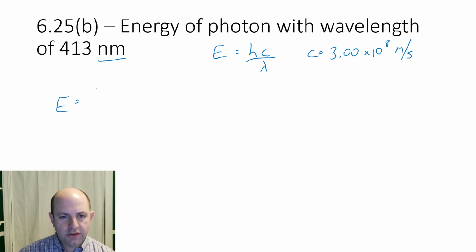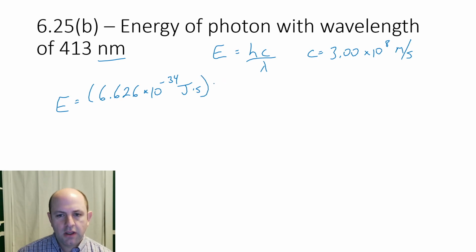For our energy equal to, again, Planck's constant, 6.626 times 10 to the negative 34th joule seconds. The speed of light, 3.00 times 10 to the 8th meters per second.